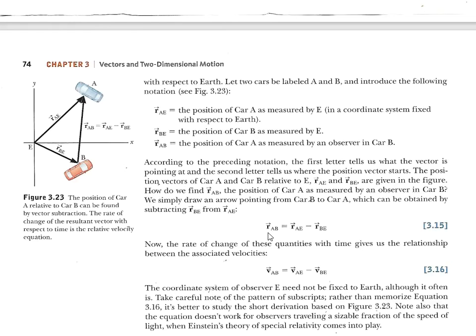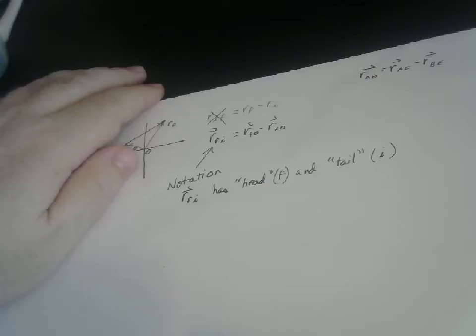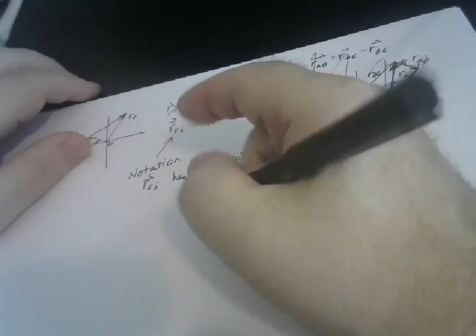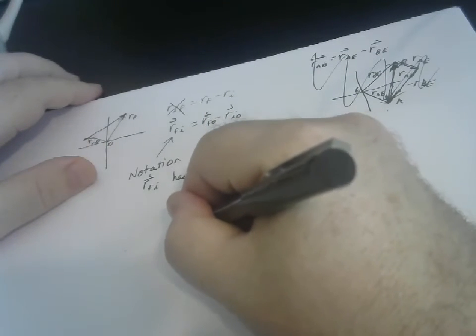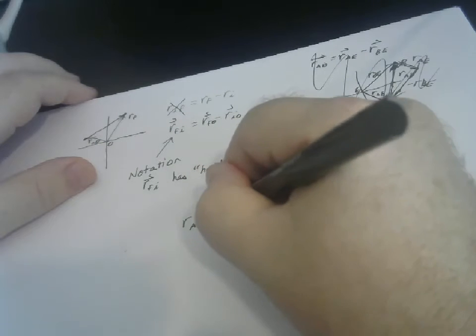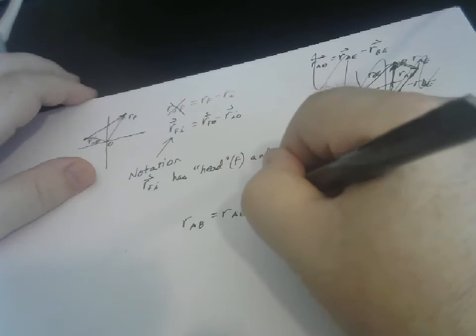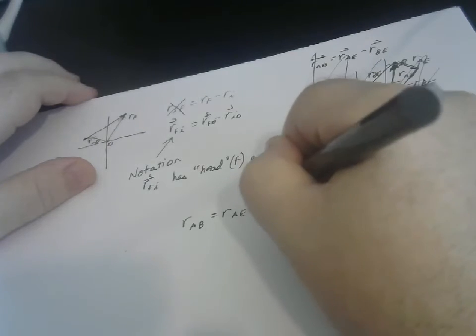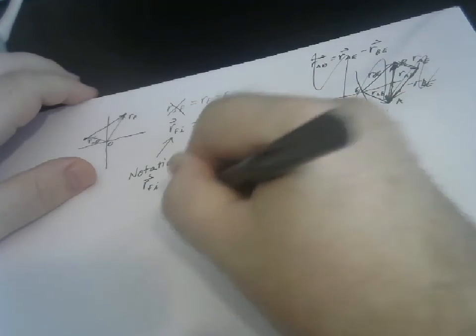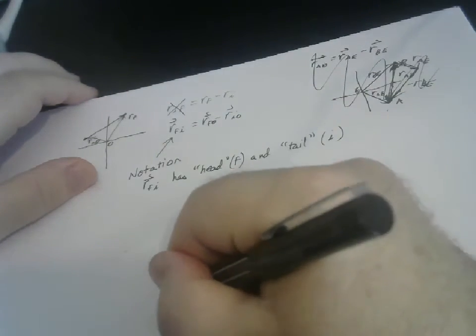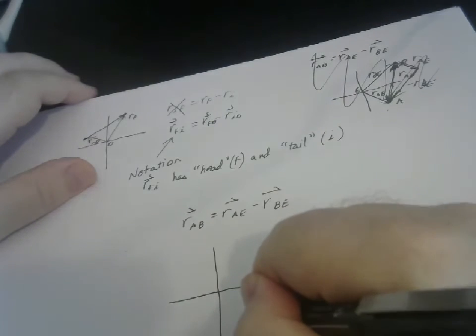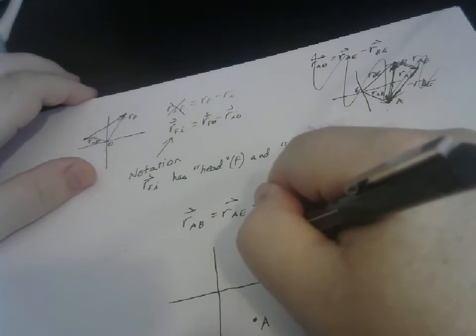Let's do the same thing here with equations 3.15 and 3.16 with RAB. We have R sub AB equals R sub AE minus R sub BE. And all of these are vectors. And I'm going to just label points A over here and B over here.